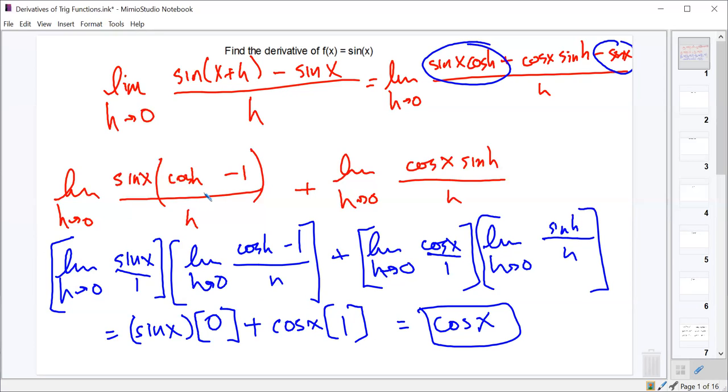Oh, I see. Right. So I didn't write the over 1, but it's there, right? So I could have chosen to put the h underneath the sine x and left this as just cosine h minus 1 if I'd wanted to. But that doesn't give us the identity that we need. So we need that h under the cosine h minus 1, and we need the h under the sine h. Good?